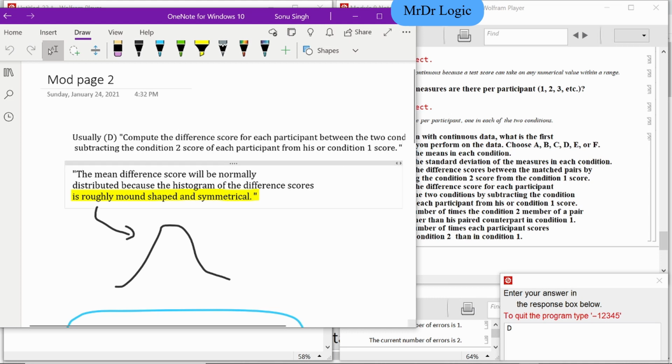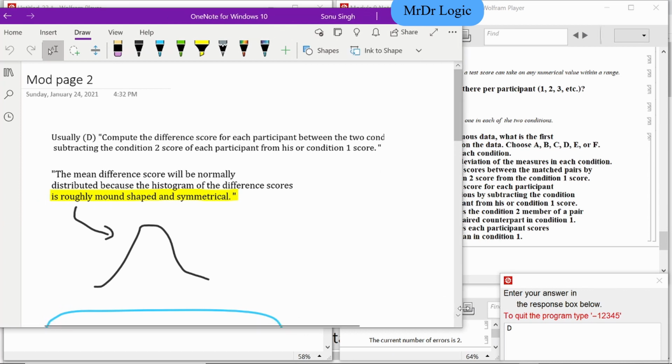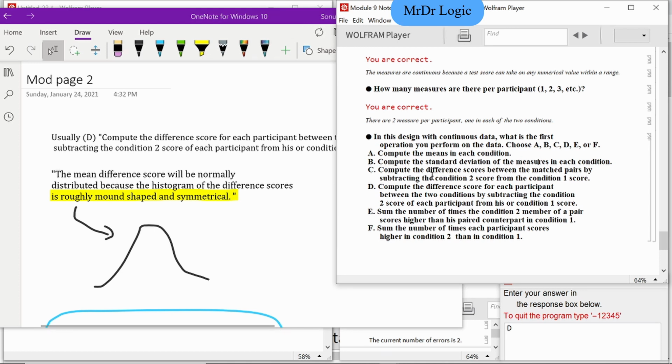Compute the difference for each participant between the 2 conditions, by subtracting condition 2 score from condition 1 score. So that's C. Wait. Nope, not C. D.